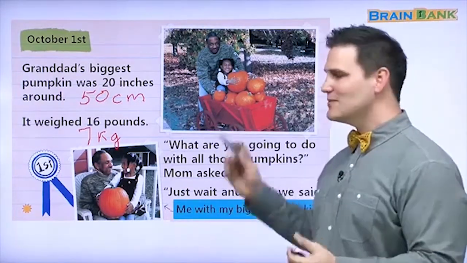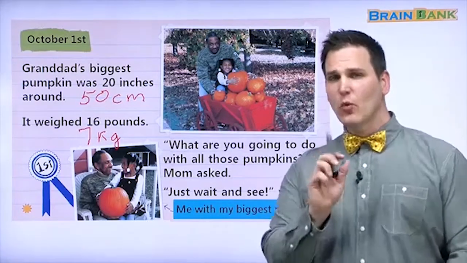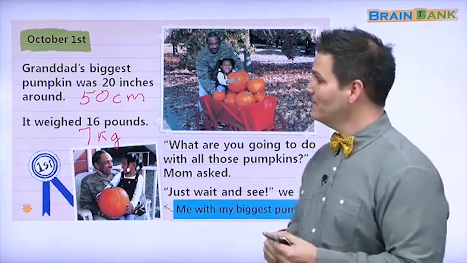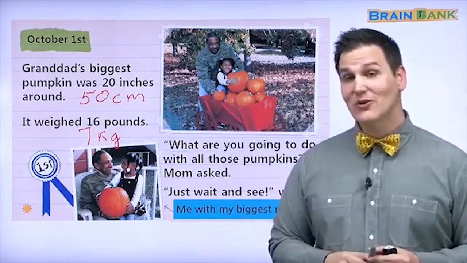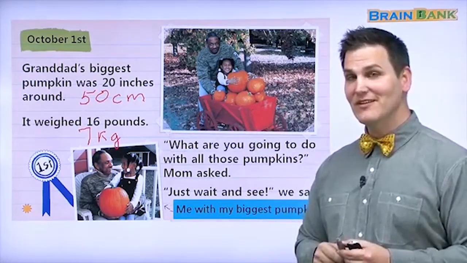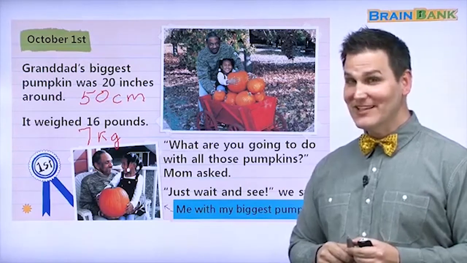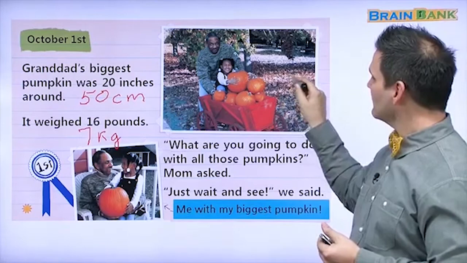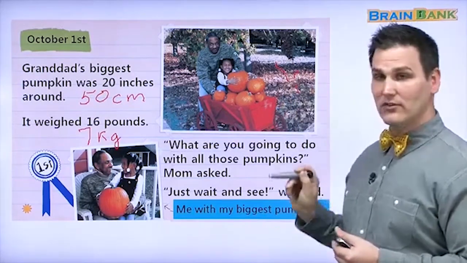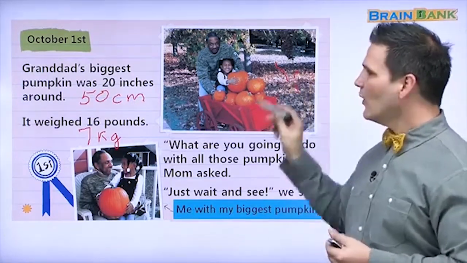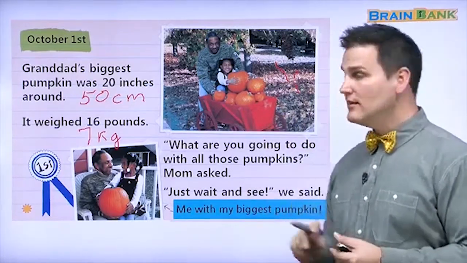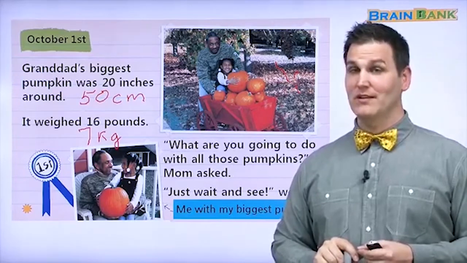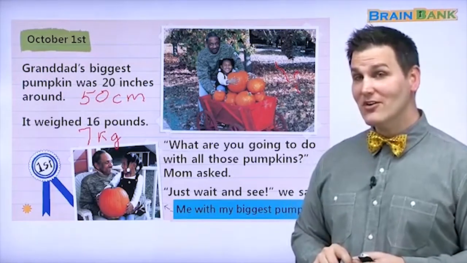What can you do with these pumpkins? I gave you one clue. You can eat them. Do you think she is going to eat these pumpkins? Maybe something very different. And if you look, you see all these leaves on the ground. Do you know what season this is? Does it look like winter? No. Does it look like summer?